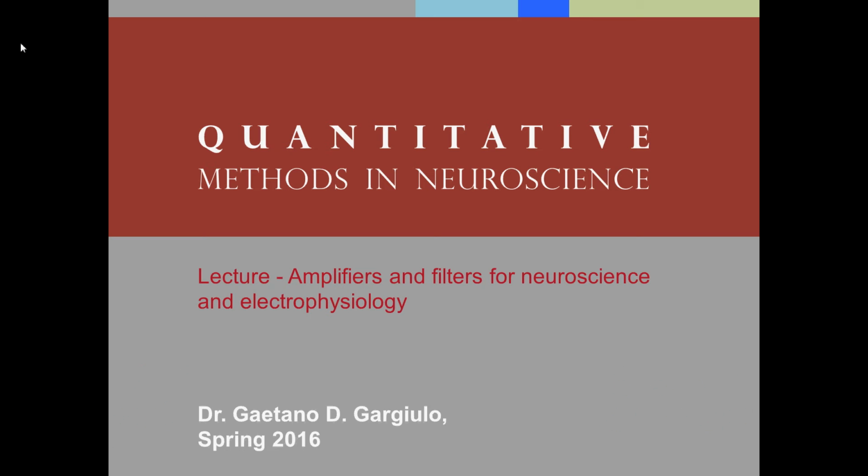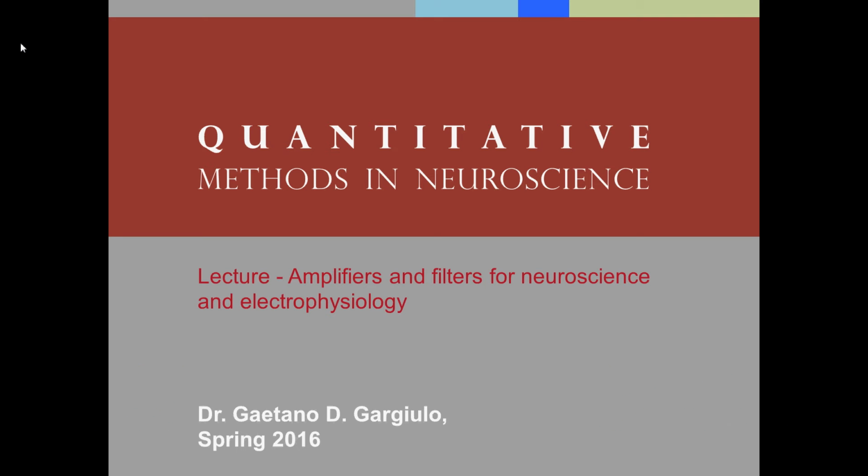So what I'm here for is to introduce you to a topic that physiologists and neuroscientists sometimes overlook a bit, which is bioelectromagnetism, which leads to the amplifiers and the filters that are used to record the data that you actually use in your neuroscience and electrophysiology experiments.